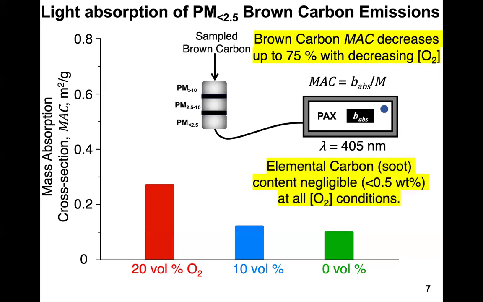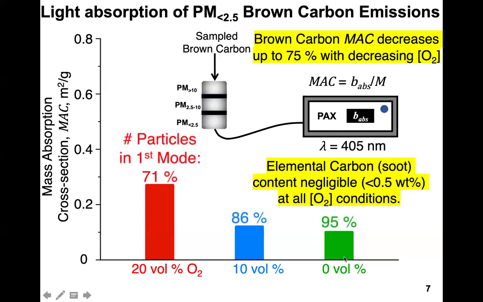However, the elemental carbon content was negligible for all brown carbon samples that were analyzed here. So the large reduction of the brown carbon mass absorption cross-section with a decreasing oxygen concentration can be attributed to the increase of the number concentration of small brown carbon particles.